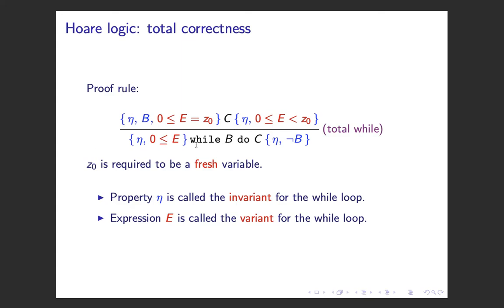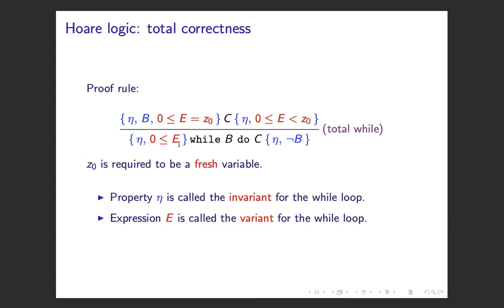So to show that while B do C satisfies a Hoare triple, if the precondition eta holds, which needs to be an invariant, then when we run while B do C it will terminate, we'll still have eta, and of course we'll have the negation of the test. To show that it will actually terminate, we need the additional precondition that we have such a variant E which is non-negative.